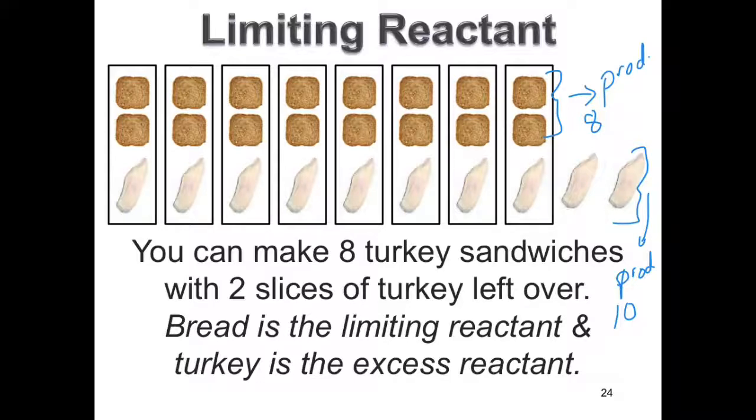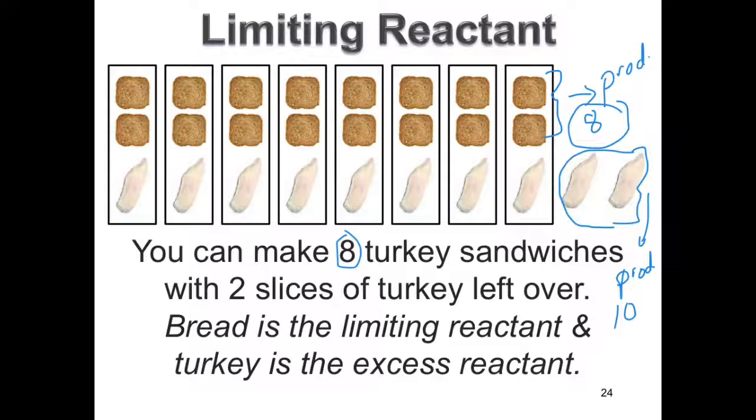The lesser of the two, 8, is how many we can produce. And the bread is the limiting reactant. These 2 slices that are left over are the excess for the excess reactant.